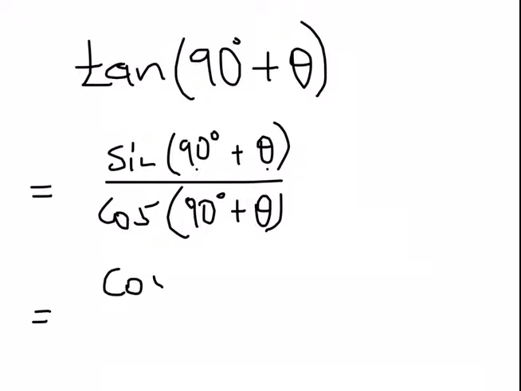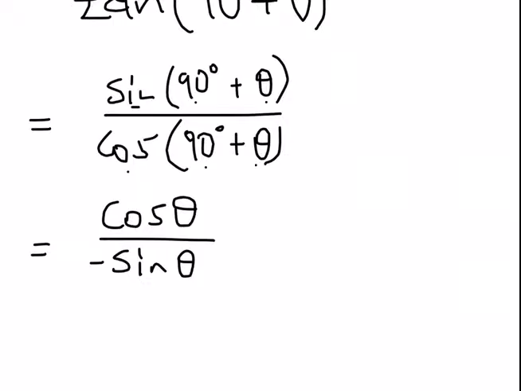It becomes positive because sine in the second quadrant is positive. Then over 90 plus, second quadrant again, but cos is negative in the second quadrant. That's why it becomes negative sine of an angle.